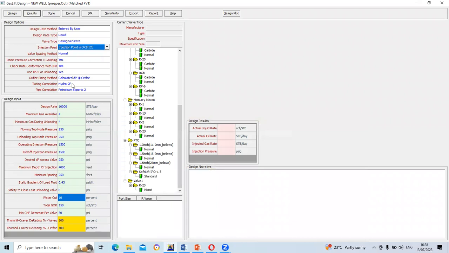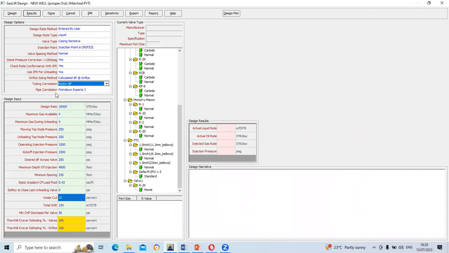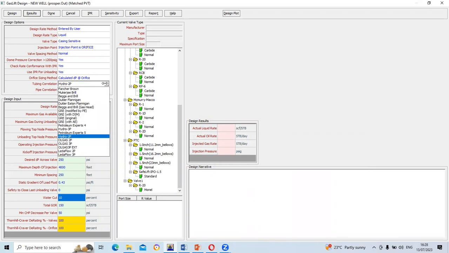All right. So we could change now our tubing correlation. We could change tubing correlation, hydro. Oh, yes. All right.